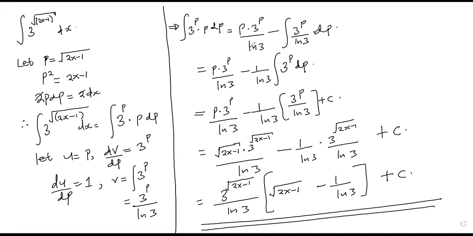So from here, allow me take you to the ones that have evaluations, and let's evaluate the first one, from 0 to 1 of x e to the power negative x dx, and b, 0 to 1 of x e to the power x dx.